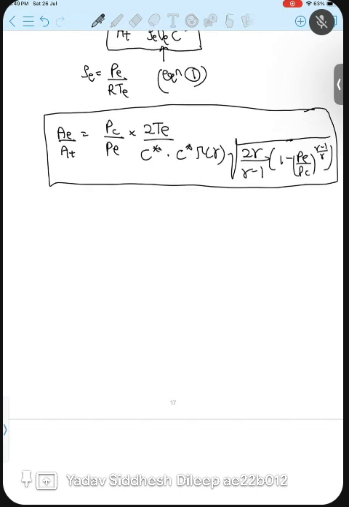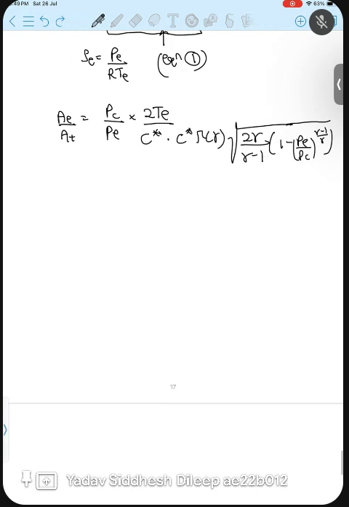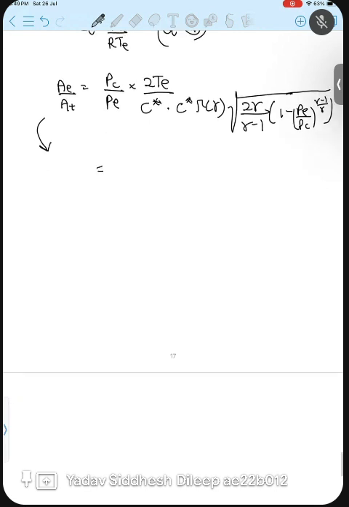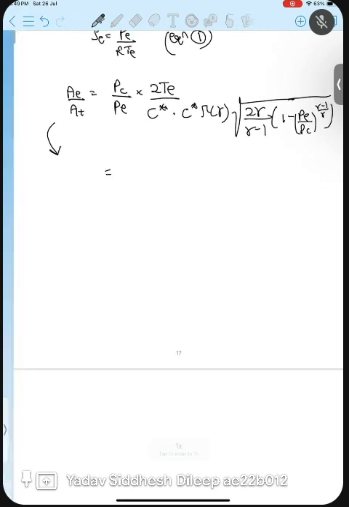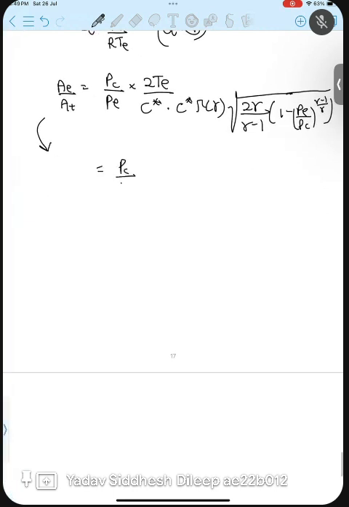Let's solve it further, with some manipulation again. This can be written as PC by PE at one place, into, again we can replace C star and gamma of gamma.